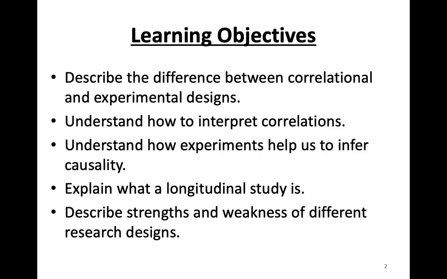I have kind of written this up in your online module, but the whole reason why we have this lecture on research methods is because psychology is a research science.